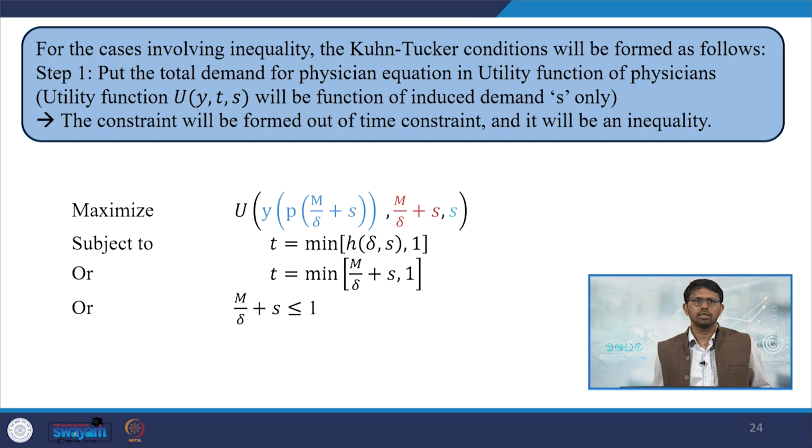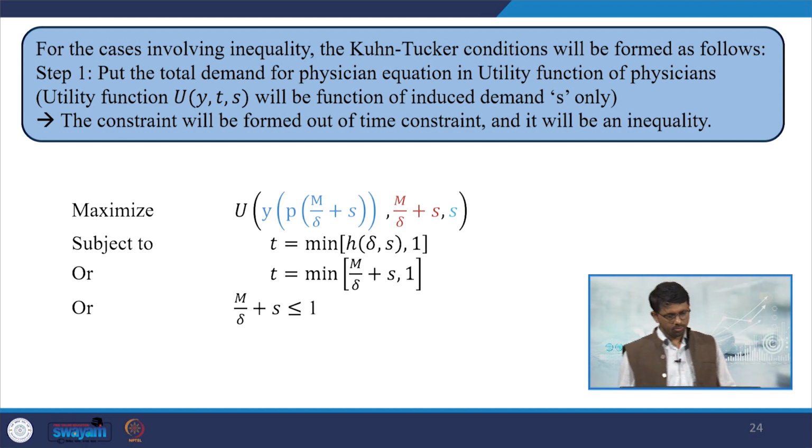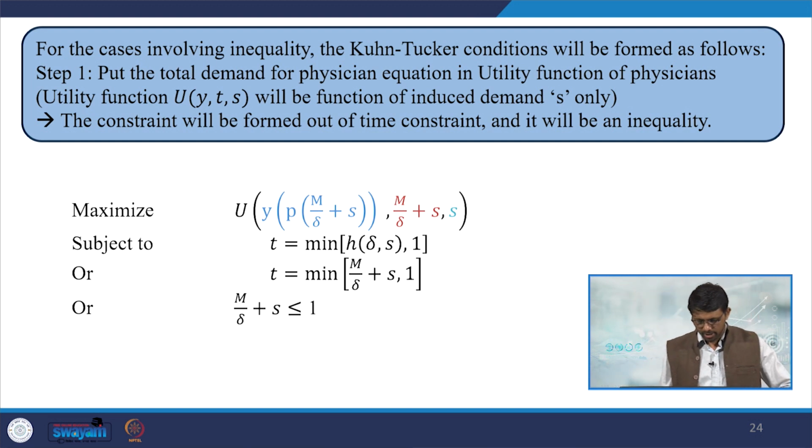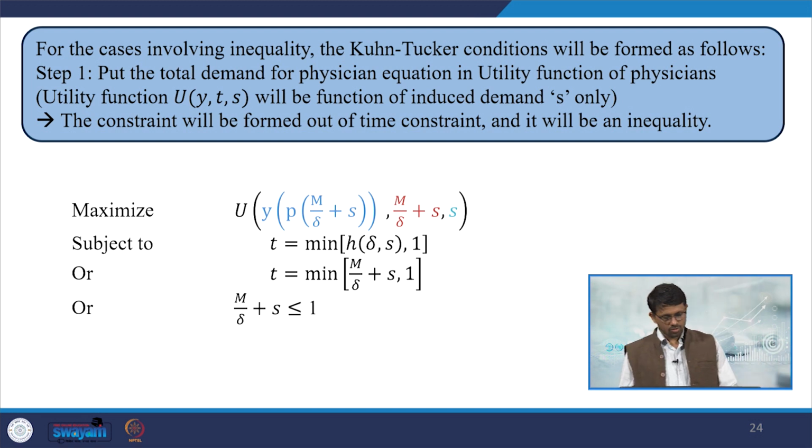The constraint will be formed out of time constraint and it will be an inequality. So, utility as a function of y, t and s, we know that y is equal to y p, and p as a function of m upon delta plus s.